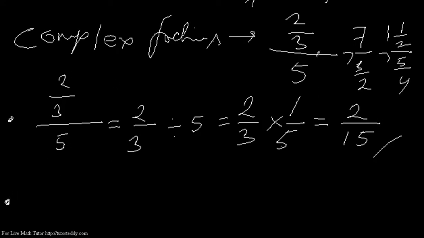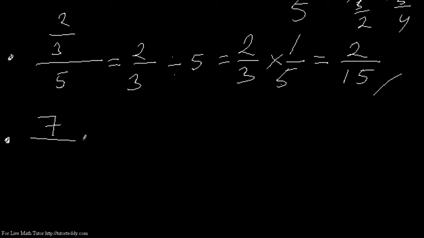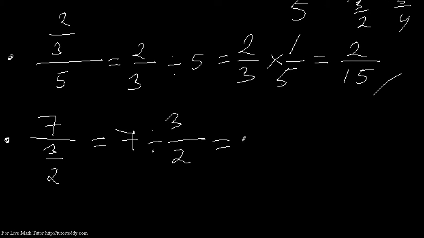Moving to the second one, I have shown you 7 divided by 3 by 2, right? So I will write it as 7 divided by 3 by 2. In a similar way as the earlier one, I have 7 here.